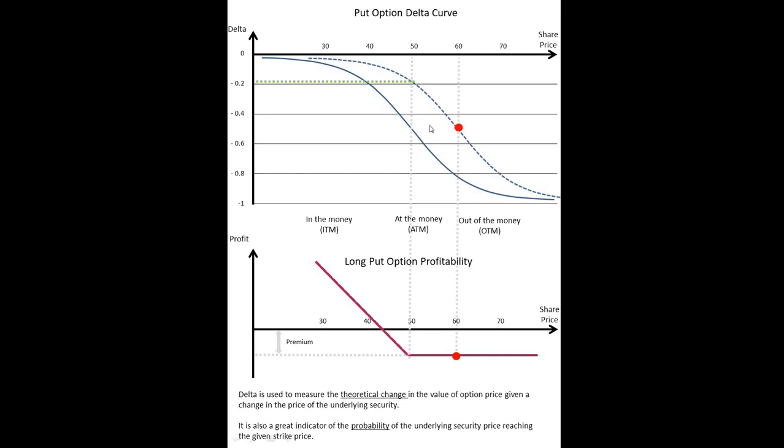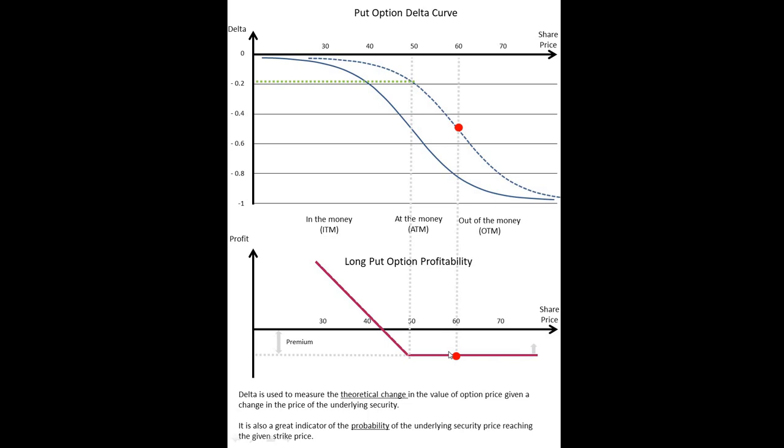But now that the share price went up by $10, I have a significantly higher probability. So basically my delta is at 19, and if I convert that into probability, it means I have an 81% probability that the share price is going to remain above the strike price, in this instance above $50.